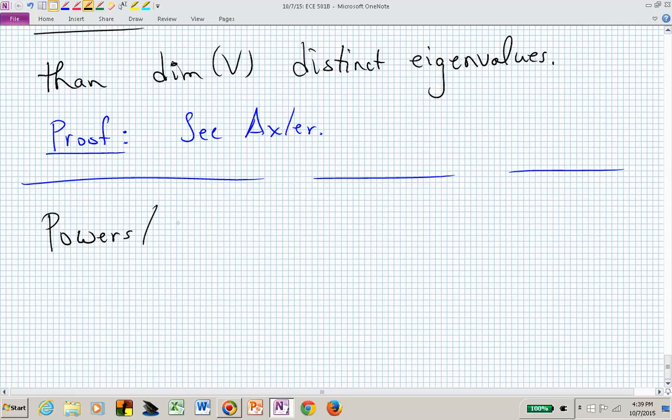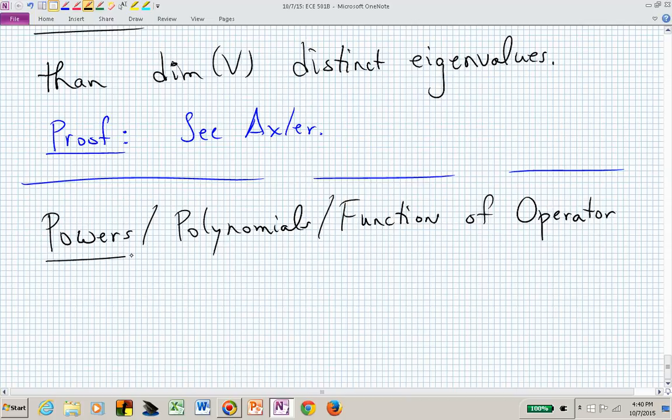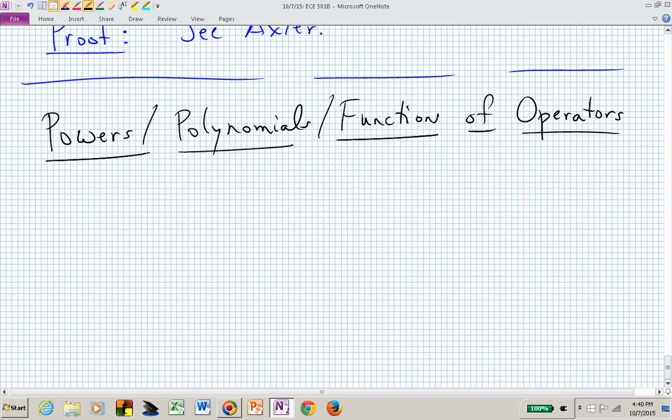And this is now powers, polynomials, and functions of these linear maps, which are now specialized to the domain and codomain being the same, so now they are operators. And we're going to utilize that fact.